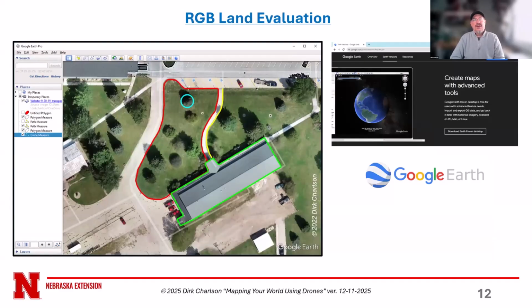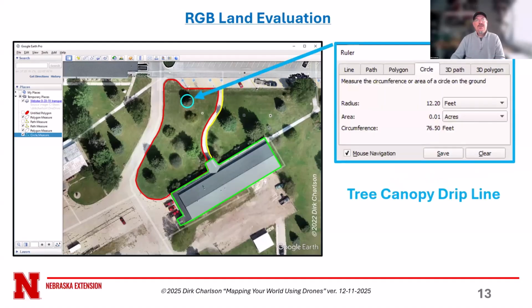The next slides show a building site on Central Community College campus here in Hastings, Nebraska. Again, using Google Earth, I place this image into the software and show you how we can make some measurements. The first measurement here, this blue circle, represents a tree, and it represents the drip line.